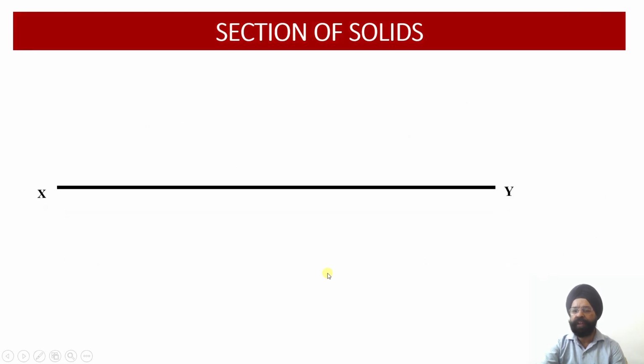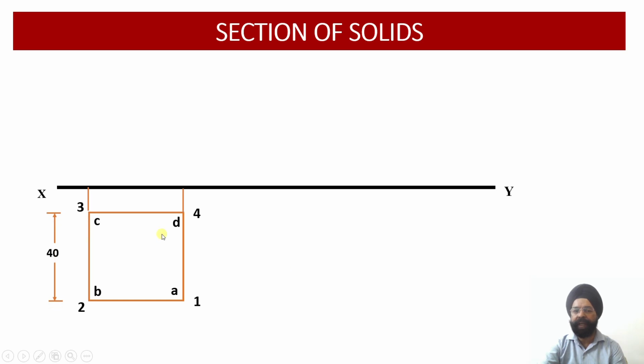Now let us start working with the basics. First of all, we are going to assume that this cube is not inclined with respect to the vertical plane. So we are going to draw two edges which are perpendicular to the vertical plane. This is the starting point. This is the top view, that is 2B, 1A, 4D and 3C, they are the vertical edges, and ABCD were the points of the base.